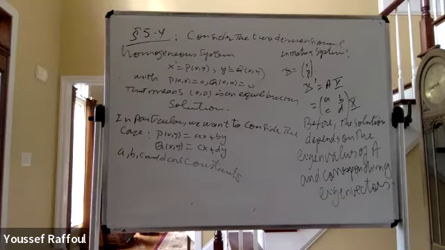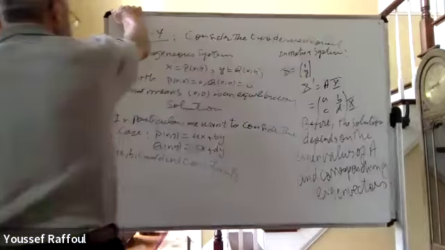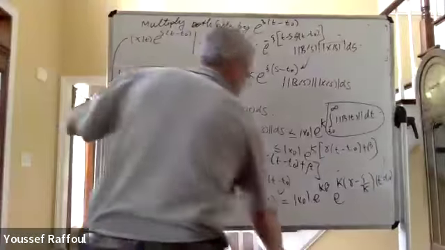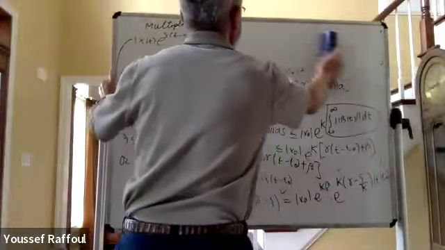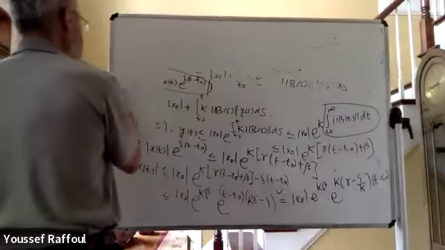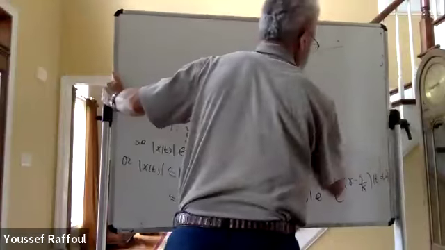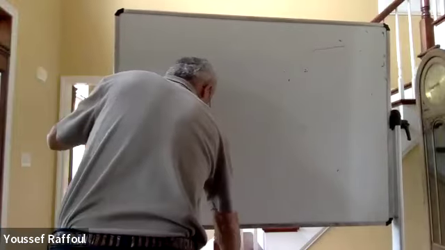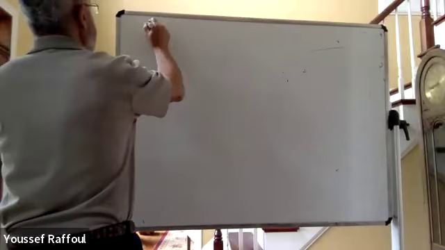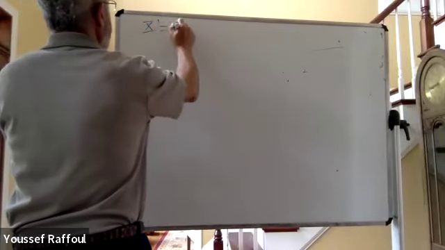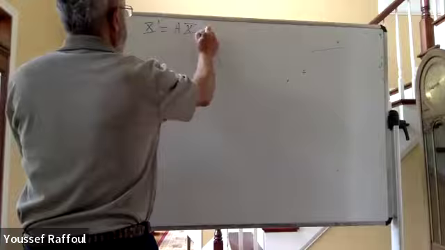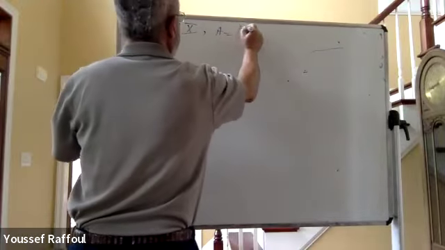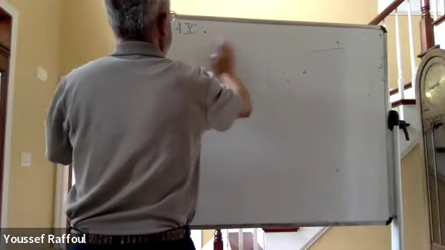All right. So let's flip the board. So again, you're looking at x prime equals Ax, where A is a, b, c, d.